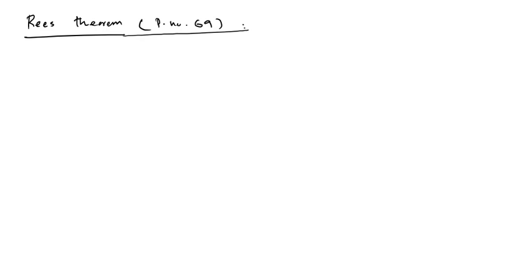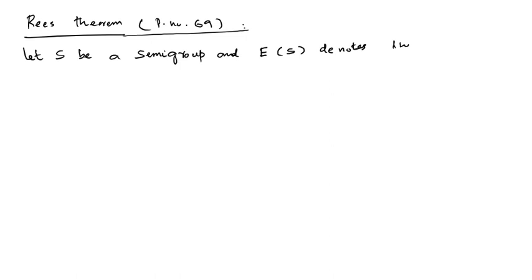Okay, so let S be a semigroup. Let S be a semigroup, and E of S denotes the set of all idempotents of S. E of S may be empty.